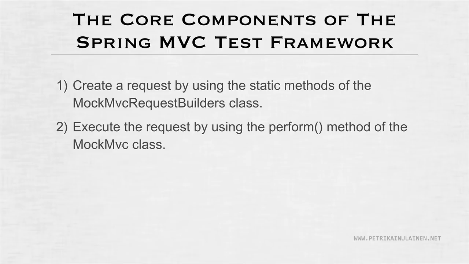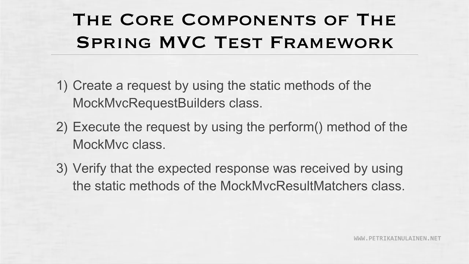We can execute requests by calling the perform method. This method takes a request builder object as a method parameter. We can write assertions against the received responses by using the static methods of the MockMvcResultMatchers class.